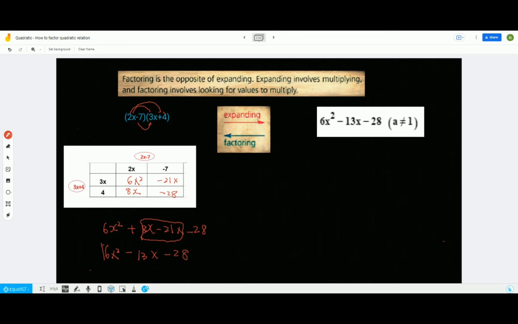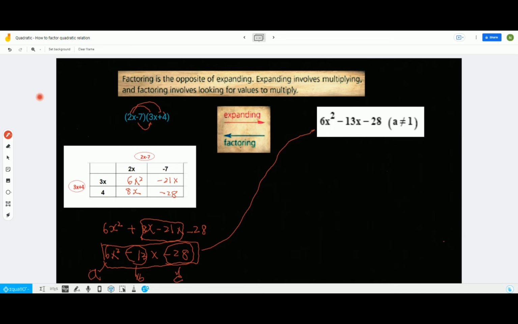So we expanded it, and this is the final form: 6x squared minus 13x minus 28. That's the form we want. 6 is a, 13 is b, and negative 28 is c. This is the standard form.